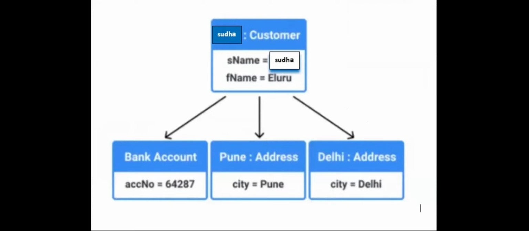Next is object-oriented model. So this is an example of object-oriented model. You have the object, which is customer, which is Sudha, and then the attributes of the customer, like the name of the customer, and then the name of the place the customer is from, and so on, and then the bank account details, and then the address of the customer, and so on.